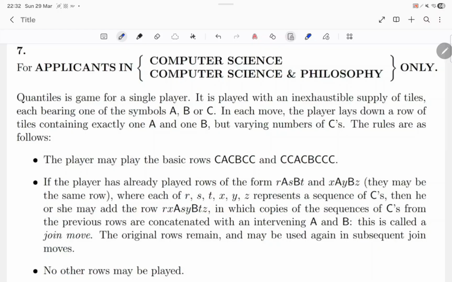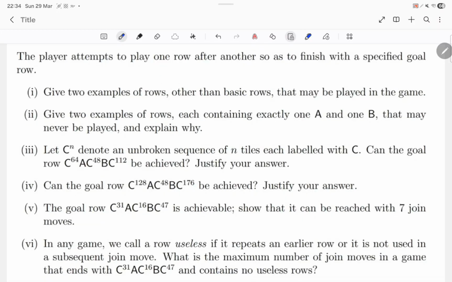Then they may add the row R, X, A, S, Y, B, T, Z, in which copies of the sequences of T's from the previous rows are concatenated with an intervening A and B. This is called a join move. The original rows remain and may be used again in subsequent join moves. No other moves may be played. The player attempts to play one row after another so as to finish with a specified goal row.